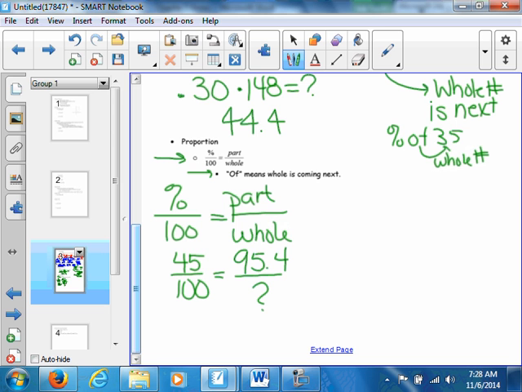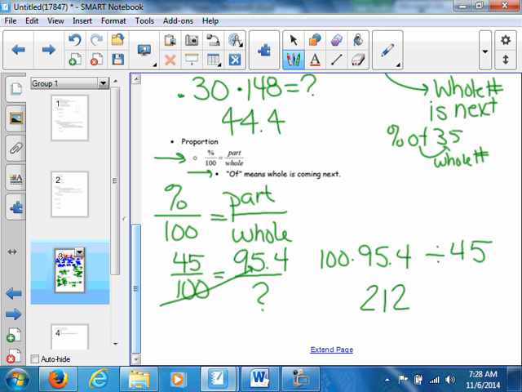And now we have a proportion where we take our cross products, 100 times 95 and 4/10, and then I'm going to divide that by 45. And when you do that, I think you'll find the answer, question mark, is 212.